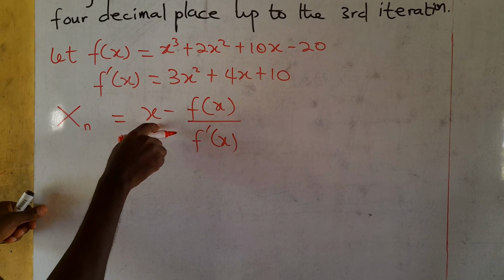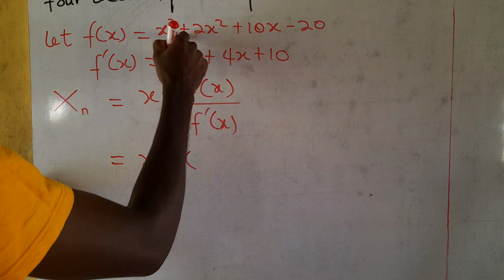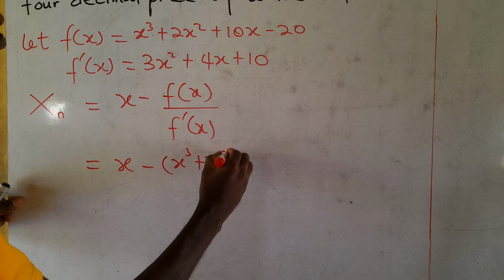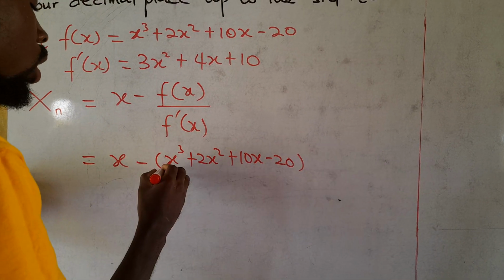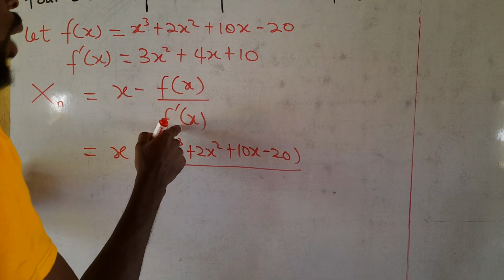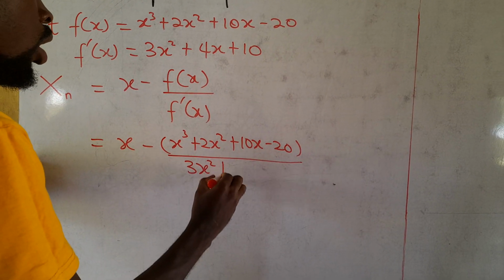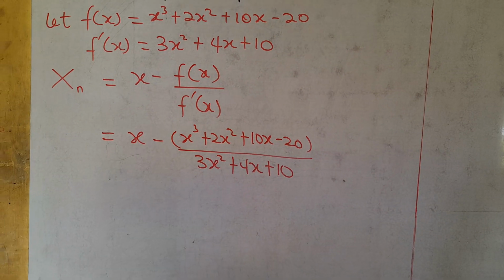So what is our x? We have f of x as x cubed plus 2x squared plus 10x minus 20, over f prime of x, which is 3x squared plus 4x plus 10. We need to write this very well.